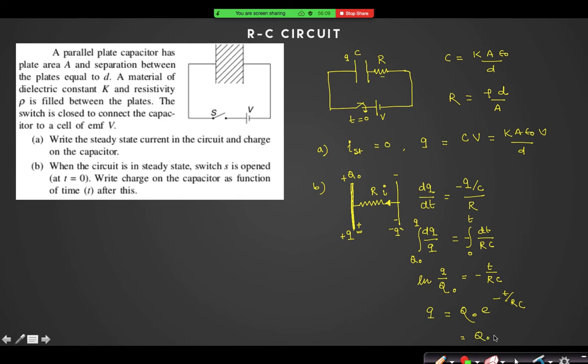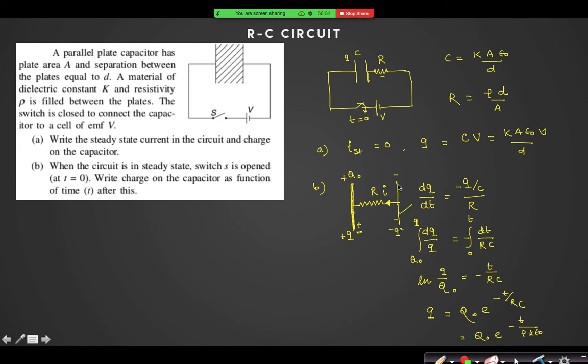So can you explain once again why the potential difference is negative? Can you see the positive plate? Which one is positive plate? This one, and this is negative plate. So if I say that current is flowing from this side to this side, so that should be at higher potential? Yes or no? Yes, sir.